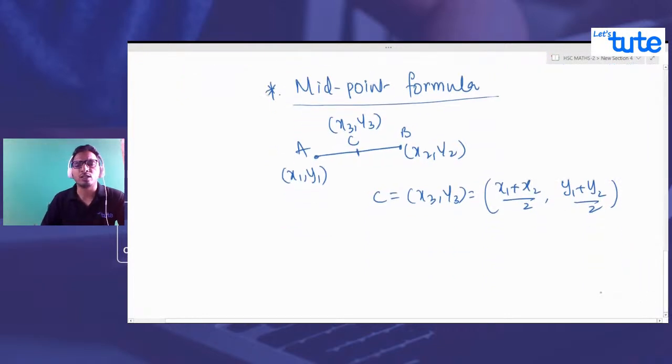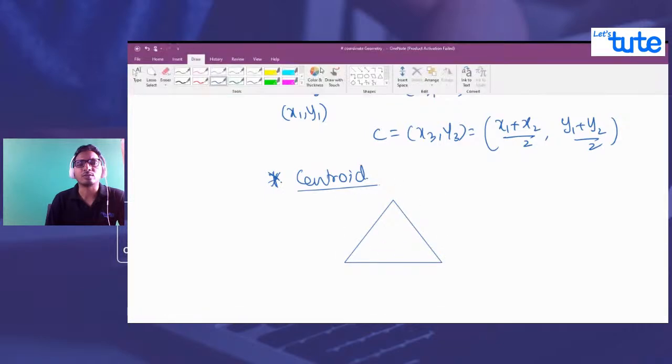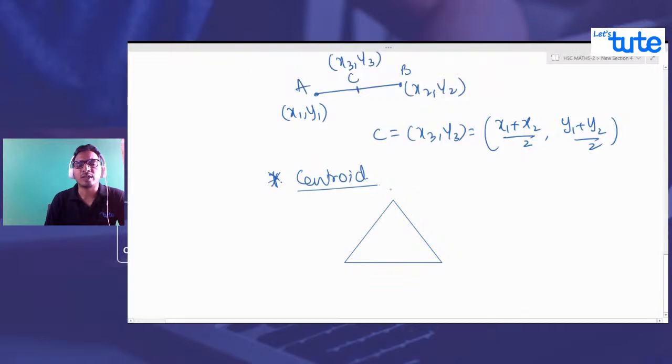And we have also learned in section formula how to find the center of a triangle. So basically it is called a centroid. How this happens is, when we have a triangle, let me draw a triangle. Suppose we have triangle ABC, with vertices (x1, y1), (x2, y2), and (x3, y3).